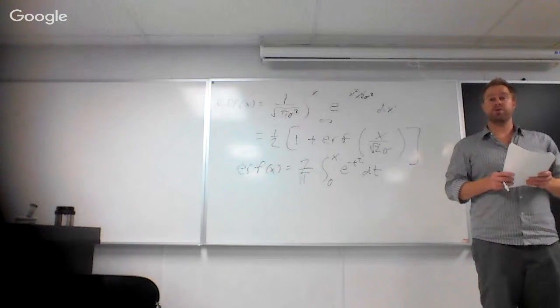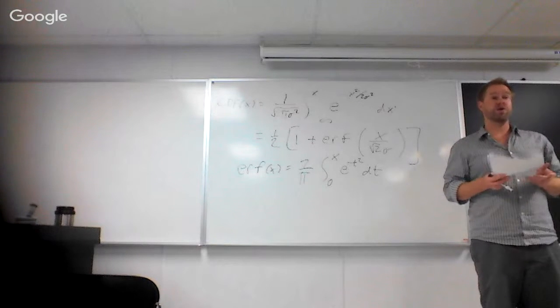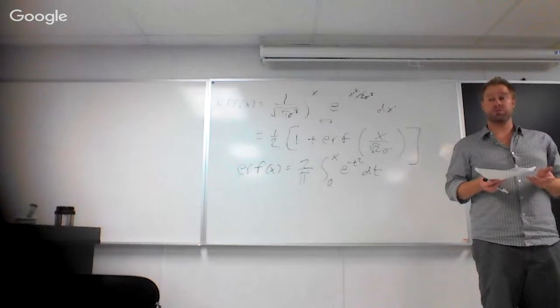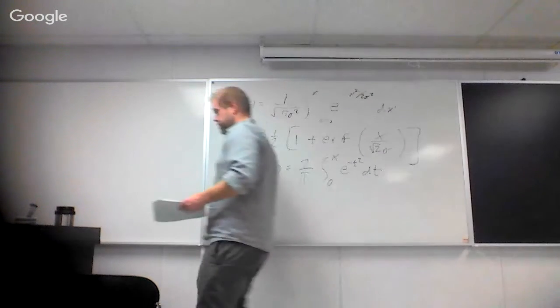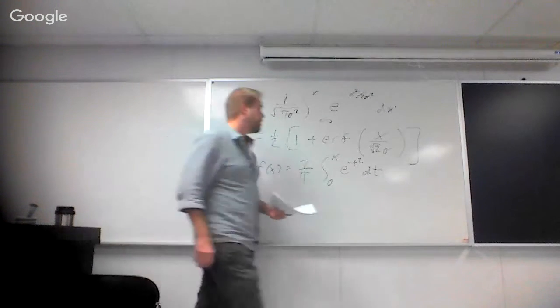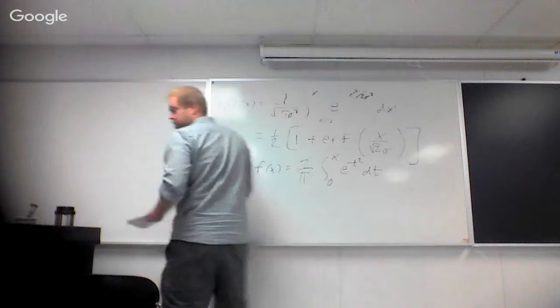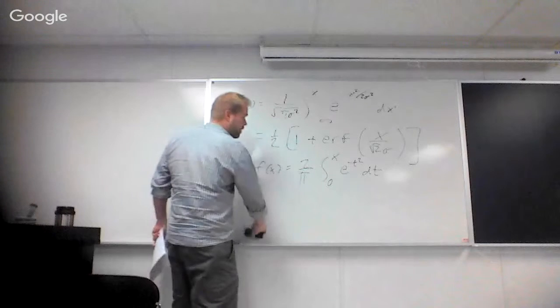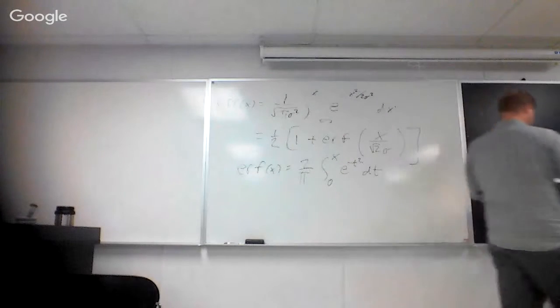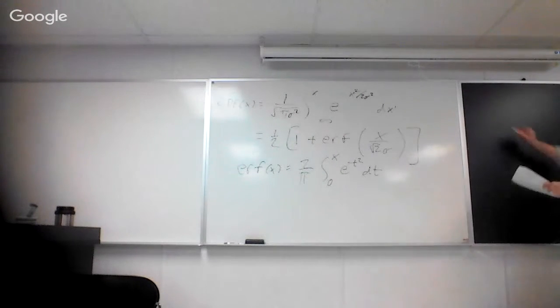There are other ways of generating these random numbers according to some distribution. We're going to talk about a couple of them. But first, this is one that I'm not going to derive, but it's going to be useful for the course. An important one is called the Box-Muller transformation.